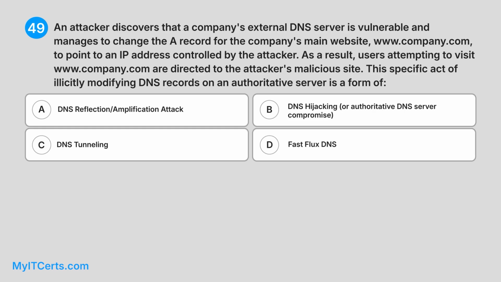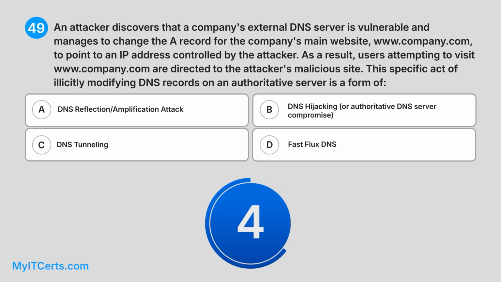This specific act of illicitly modifying DNS records on an authoritative server is a form of A. DNS reflection, amplification attack, B. DNS hijacking, or authoritative DNS server compromise, C. DNS tunneling, D. Fast flux DNS. What do you think is the answer?